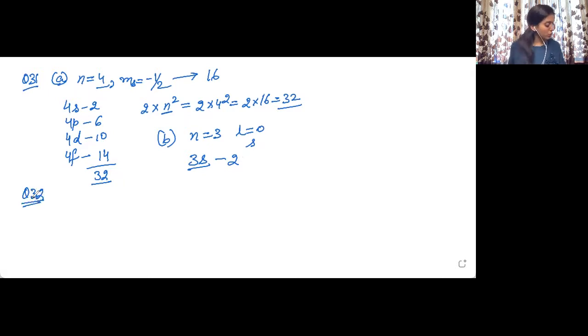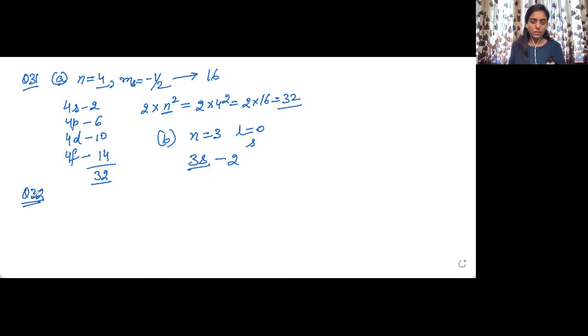Question number 32 states: show that the circumference of the Bohr orbit for the hydrogen atom is an integral multiple of the de Broglie wavelength associated with the electron revolving around the orbit.